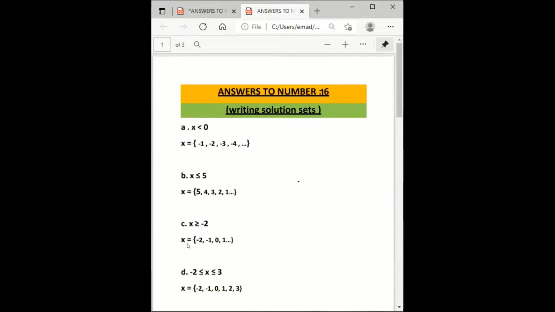So our solution set will be stated as -2 because of this symbol here, -2, then -1, 0, 1. Remember, there are very many numbers that are greater than this -2, but we can't write all of them. So we shall just summarize them with these 3 dots to mean that they are still more, but we can't write all of them, and we shall close the curly brackets.